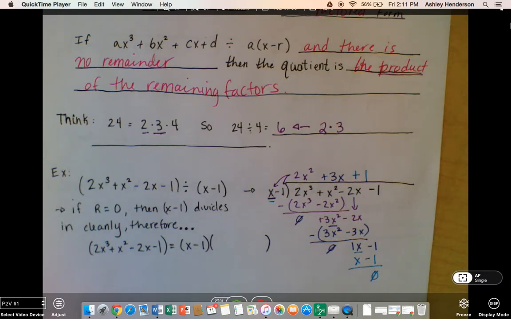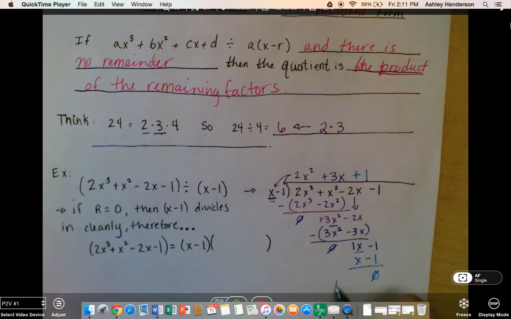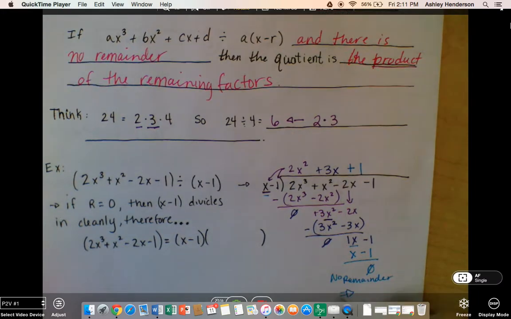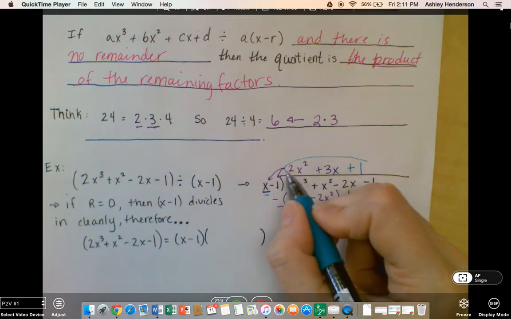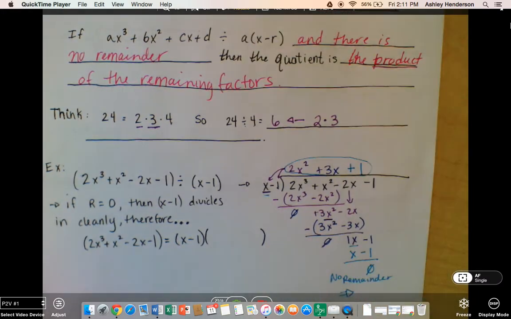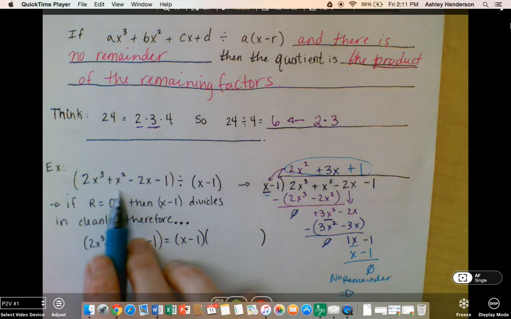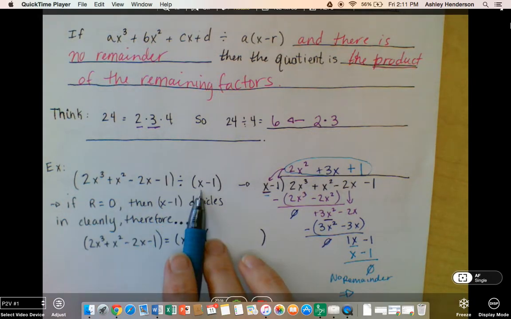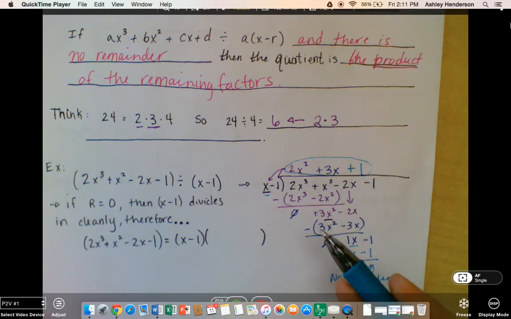So what does that mean? There is no remainder, which allows us to infer that this right here is the product of the two remaining factors if it cleanly factors. It also means that if I were going to graph this cubic, then the point (1, 0) would be a point on it, because factors are where it goes across the x-axis, if it's a real factor.